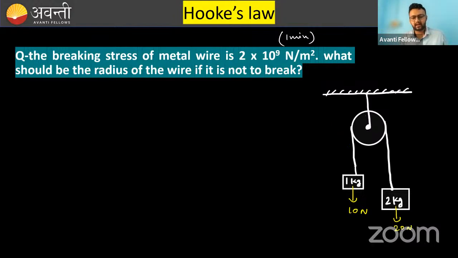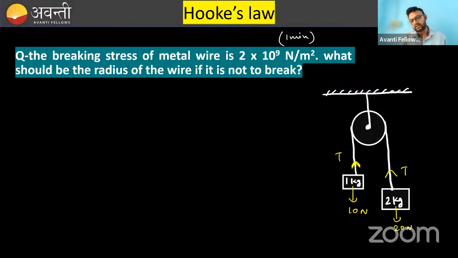Daman, are these things clear to you now? So now there will be a tension. Let's suppose tension is T. Now, what will you say? Will these blocks remain in equilibrium or will they move in any particular direction?